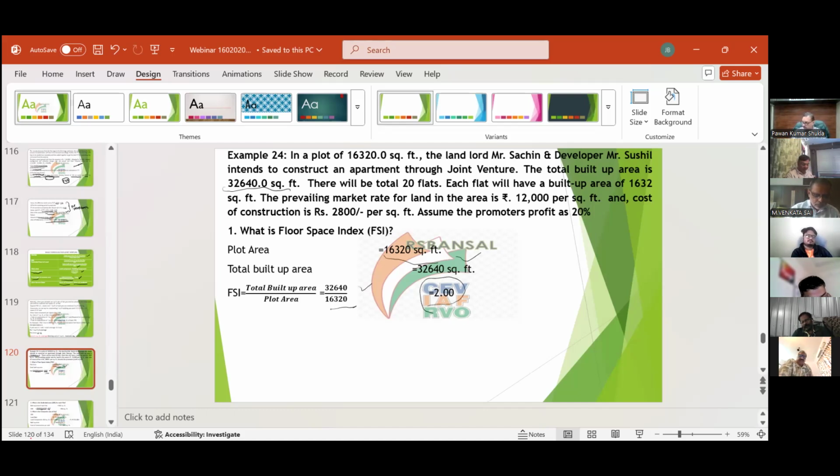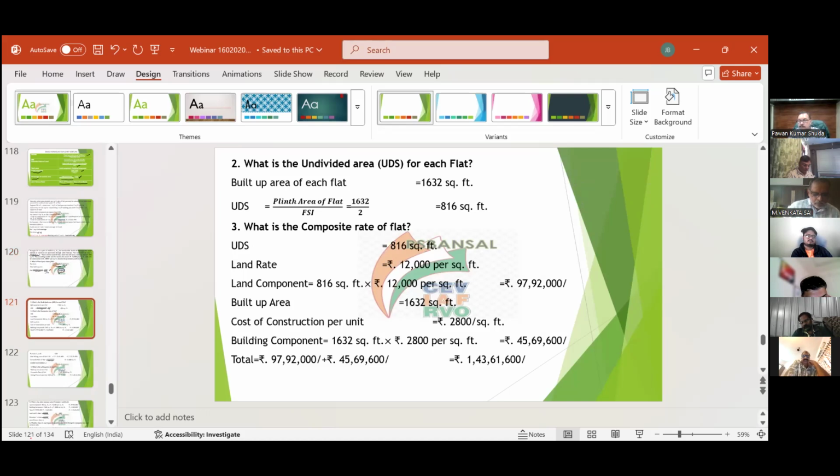FSI is 2. What is undivided share of land for each flat? It is the plinth area of the flat divided by FSI. You know the formula. So 1,632 divided by 2, 816 square feet is the undivided share of each flat.